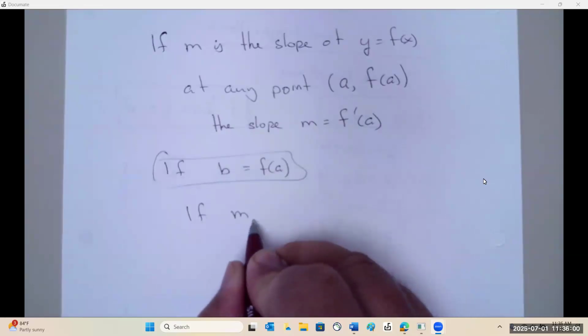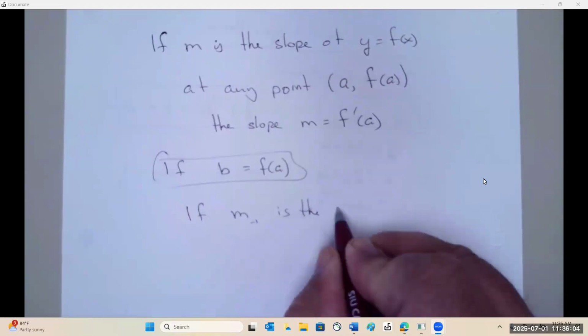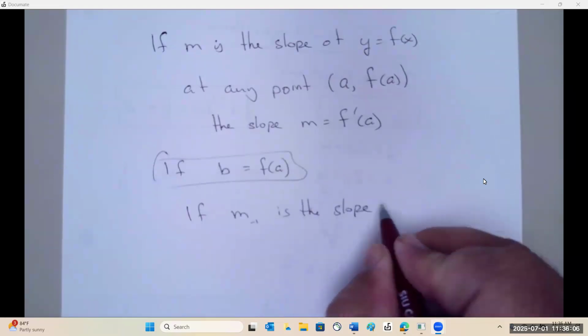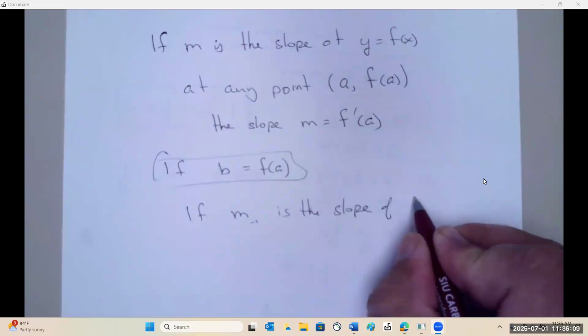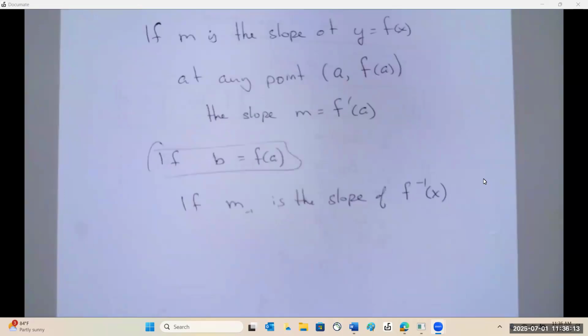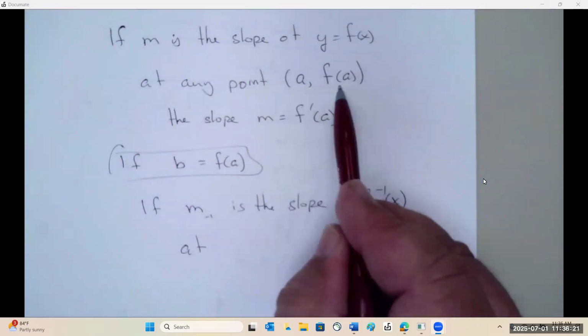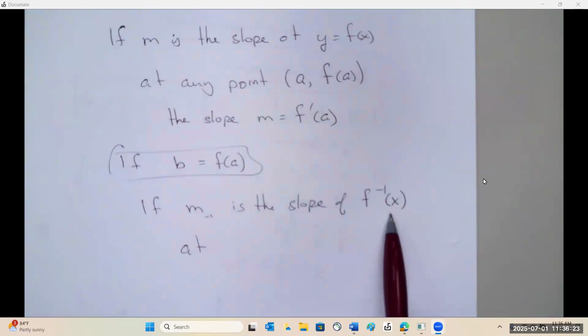If m inverse is the slope of the inverse of f of x. So if the function f of x has a point a, f of a, what would the point of the inverse be?